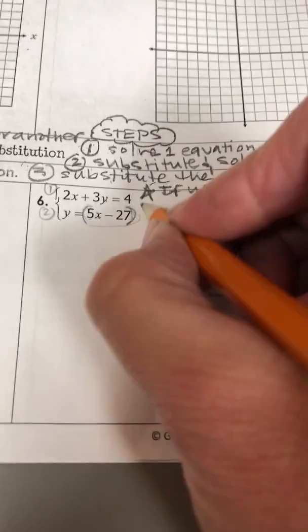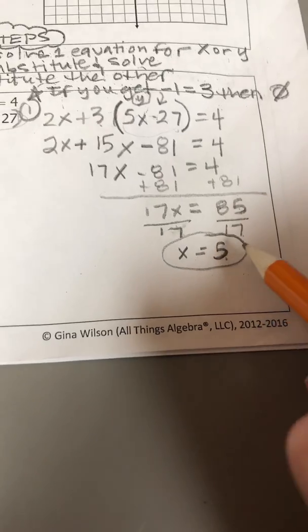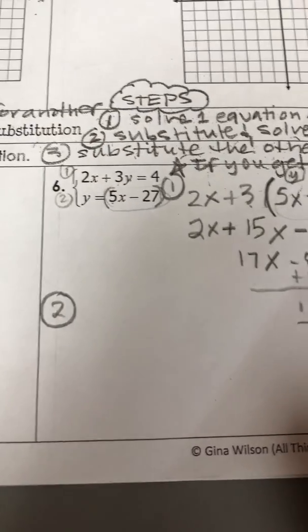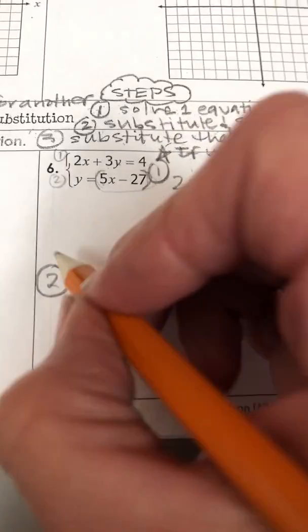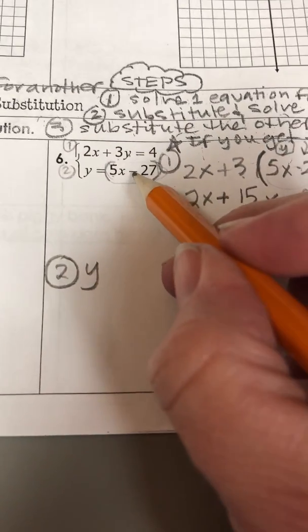So that's my first step, solving for x. My second step is I get to take this x value and substitute it in. Again, it shouldn't matter which equation I use. I'm just going to choose this one.